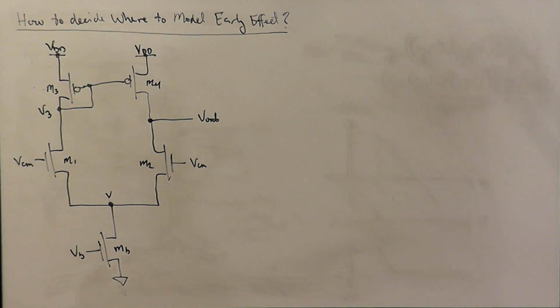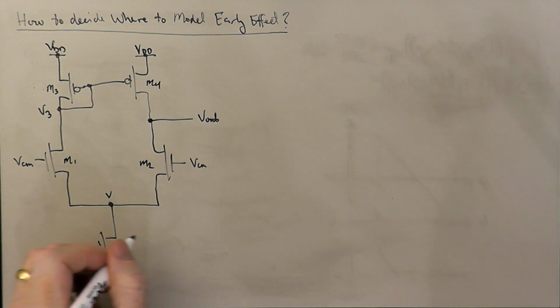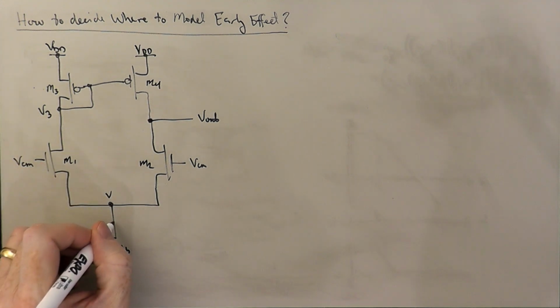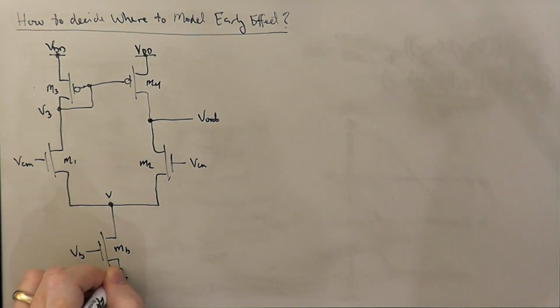Okay, we can actually do the calculation the other way, but for the purposes of deciding whether or not the early effect is significant in a given place, we actually have to think about using the current source excitation as the baseline condition for the calculation. But the idea is, if we're going to consider, do I need to put the early effect in a particular place? Let's start out considering MB, the bias transistor.